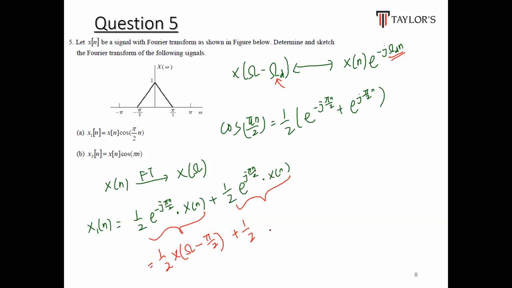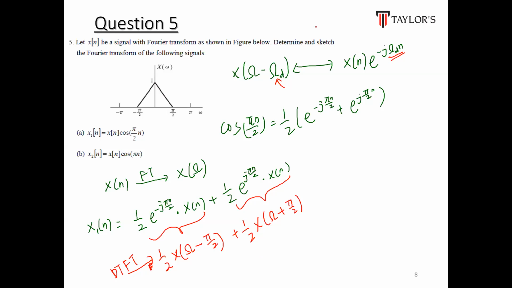And then this one is X(omega), now positive, so it's plus pi over 2. You see, I already got my Fourier transform. I cannot write an equal sign here; I have to write it as the Fourier transform, or discrete time Fourier transform. I already got it done by using just a property.